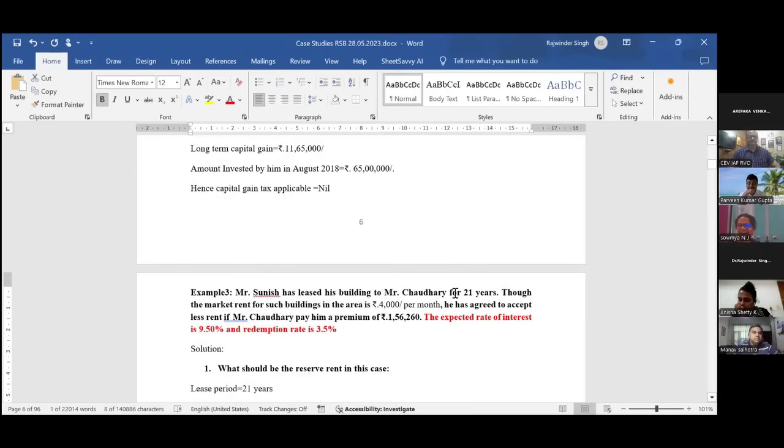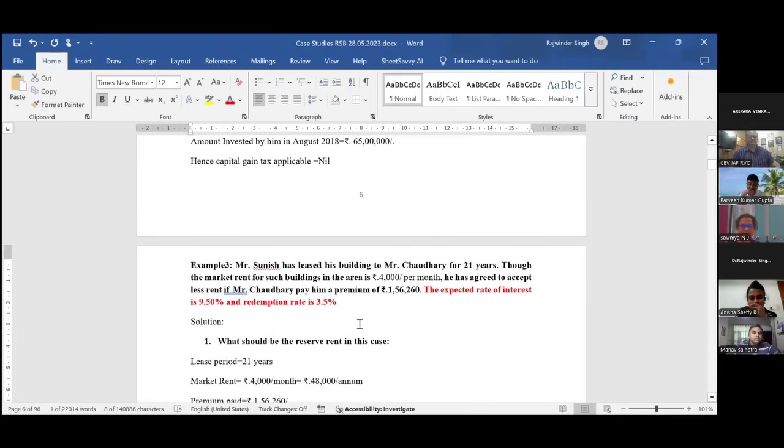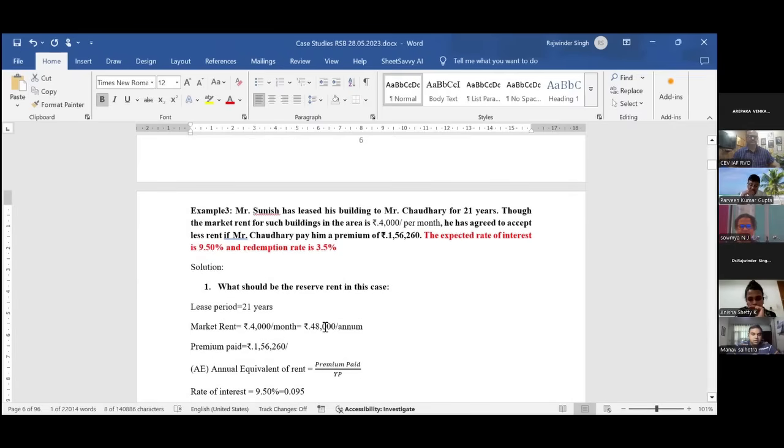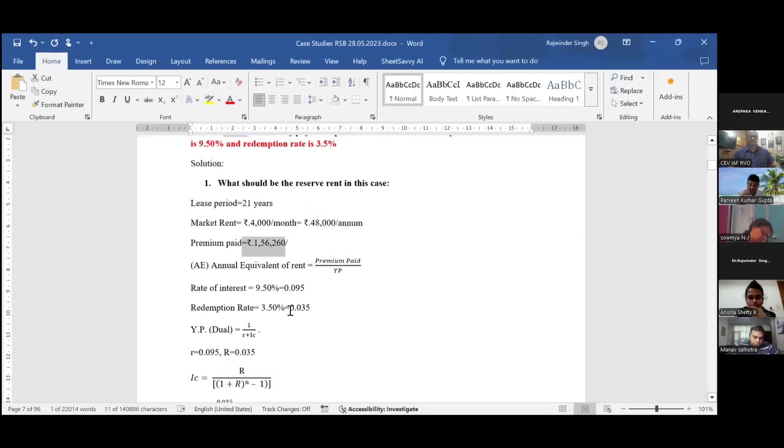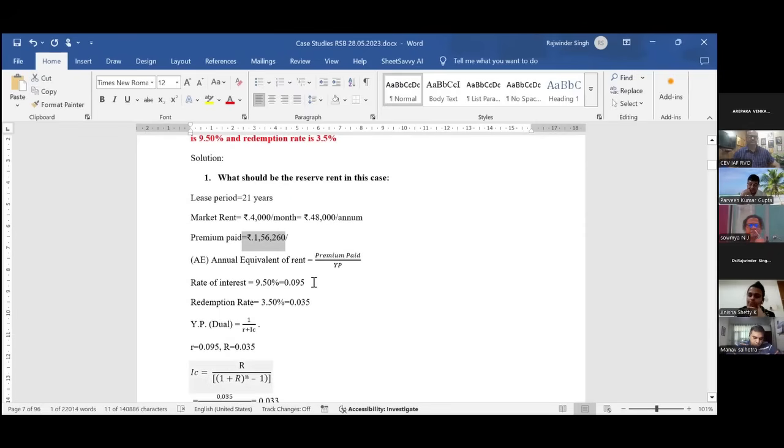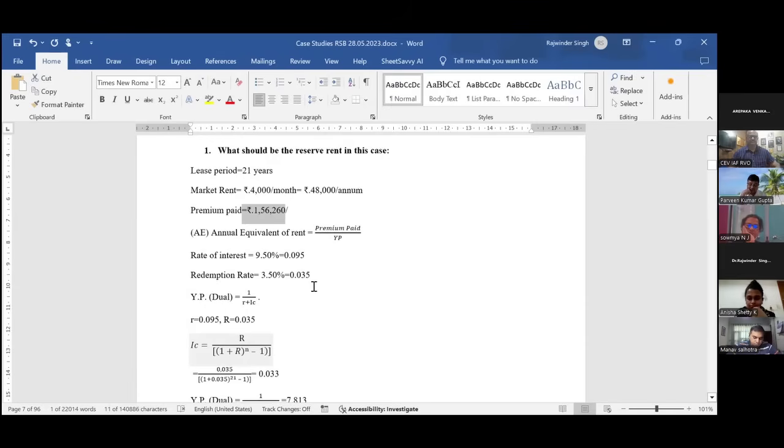See here, okay. What does Mr. Sanish require? How much rent did he require? 48,000. He has got 1,56,260 as premium. From this 1,56,260, how much will he get if he deposits this amount in the bank?